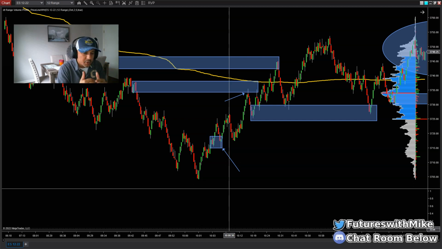But the lower the time frame you get, you've got to be very, very mindful and pay close attention and probably not trade from too low of a time frame chart, because there's going to be lots of chop, there's going to be lots of micro swings, and the market is not going to give you too much off a lower time frame. You may get a couple ticks, maybe 2 or 3 ticks, 4 ticks at most, whatever the case is. So it just depends on price action as a whole itself.